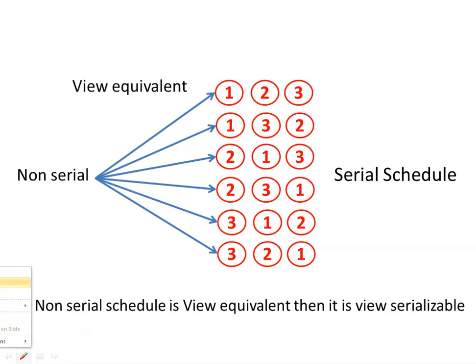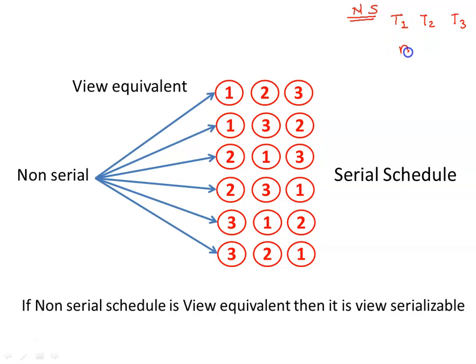Now, if we consider a schedule S with 3 transactions, let's assume transactions T1, T2 and T3, and this is a non-serial schedule. If I want to convert this into a serial schedule, then what will be the number of combinations that I have?